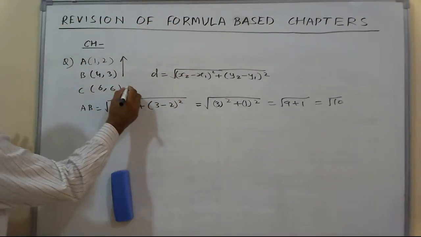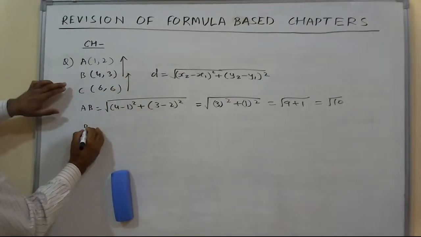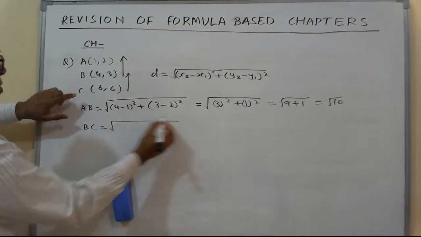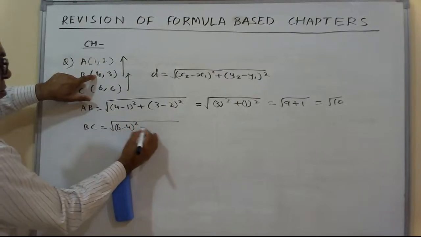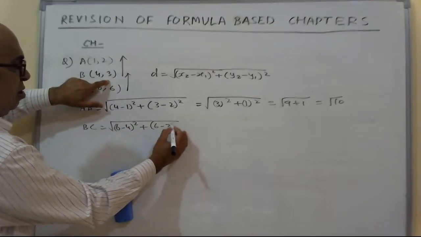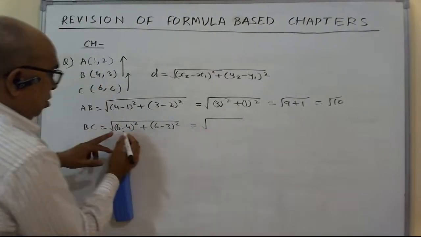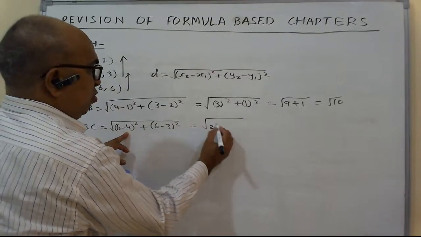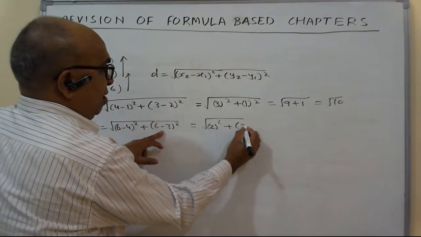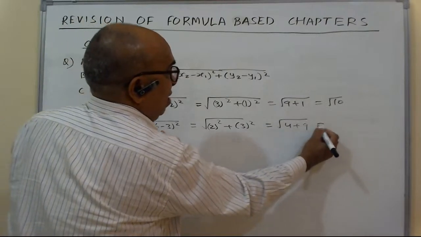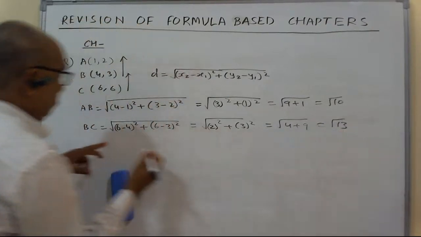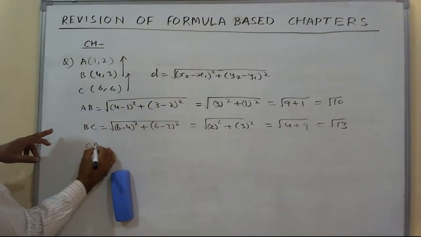And then BC. BC, 6 minus 4 whole square, 6 minus 3 whole square. 6 minus 4 is 2 square, and it is 3 square. This is 4 plus 9, square root 13. And then CA.